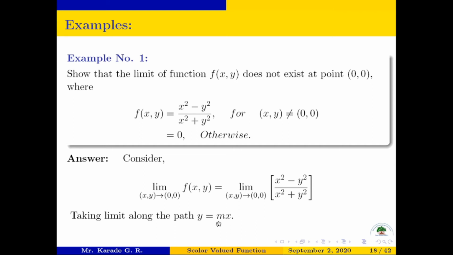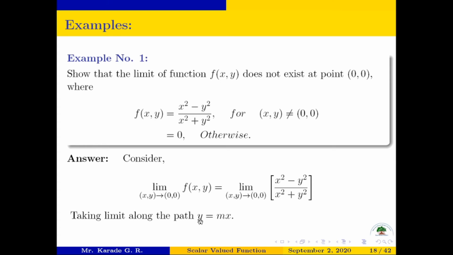We know that y equal to mx represents a straight line passing through the origin, where m is the slope of the straight line. Geometrically, this path is a straight line passing through the origin with slope m, so it passes through the point 0, 0.